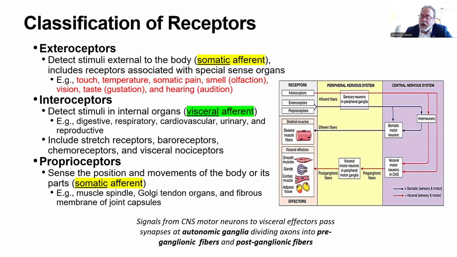Also, you can see that interoceptors can also synapse with an interneuron, and that information can be passed on to a visceral motor neuron, or a preganglionic neuron, and that's going to take it to a postganglionic neuron, and it's going to control the effector organs.